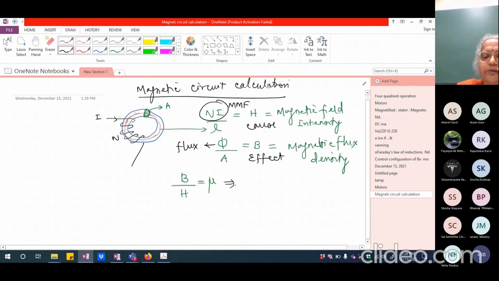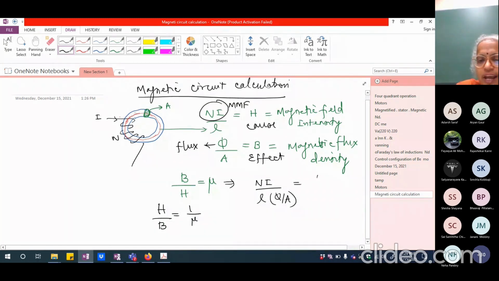So I can write H as Ni divided by L, and B as phi divided by A. Basically B by H is mu, or H by B is 1 by mu.